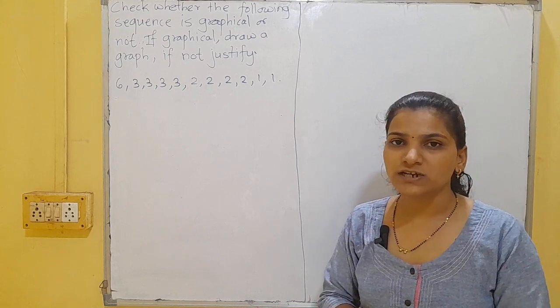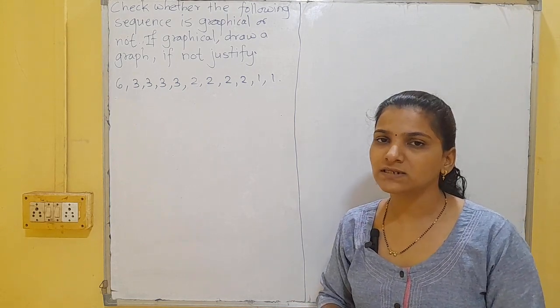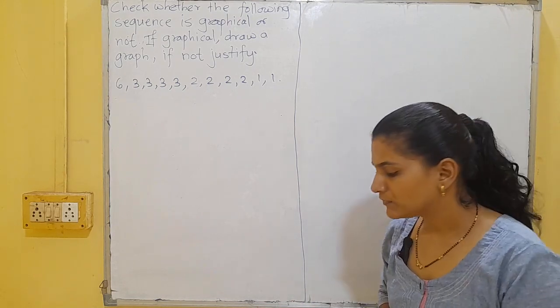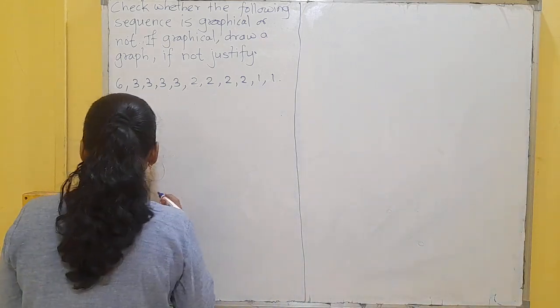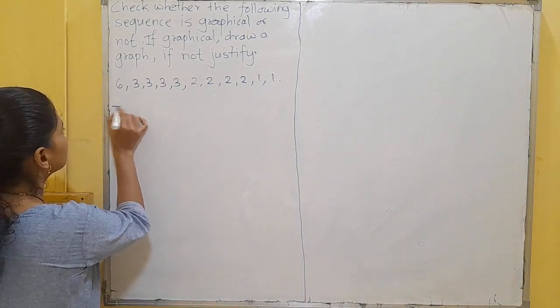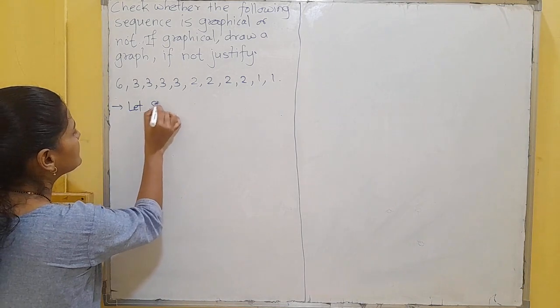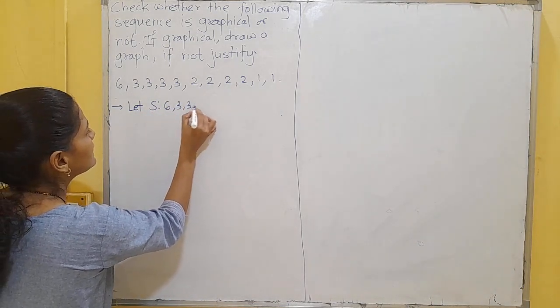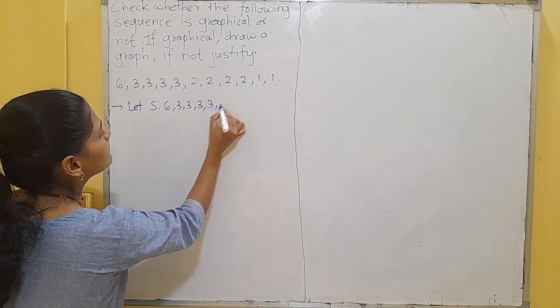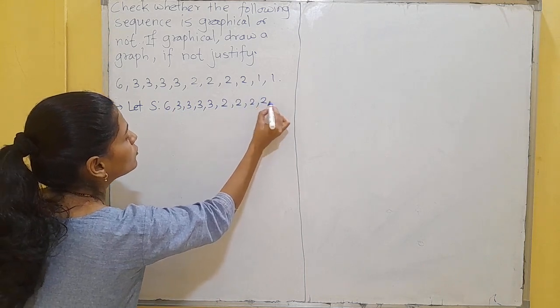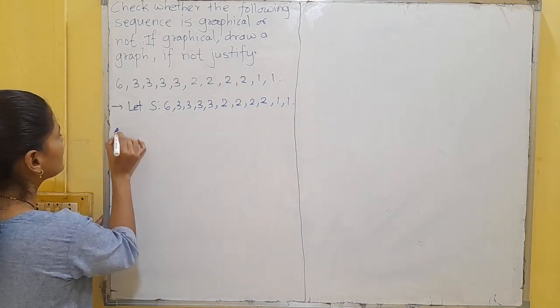First condition is to check whether the sum of all terms in the given sequence is even or not. So I am writing the given sequence and calling it S. Let S be 6 3 3 3 3 2 2 2 2 1 1.